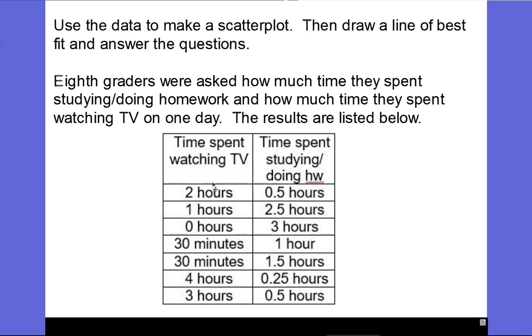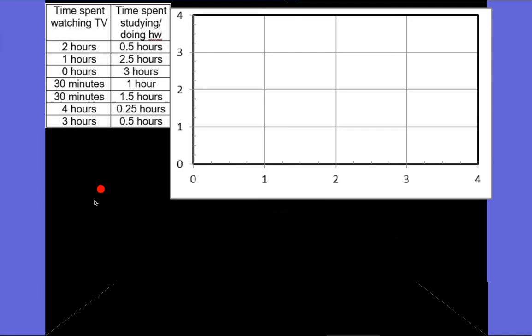It gives you the values, and you want to plot those points on the graph. You're going to let your x value be your time spent studying, and your y value be the time spent watching TV. So plot those points, be able to show it to me, and we'll pick up where this left off.